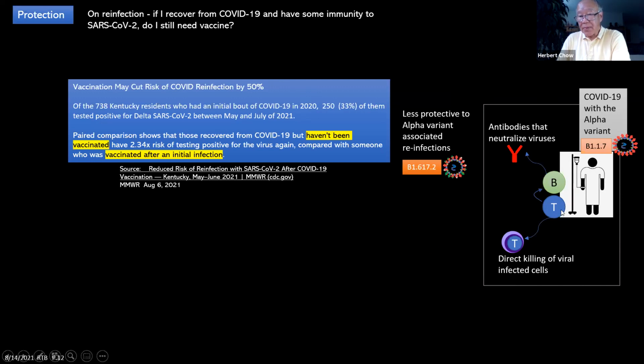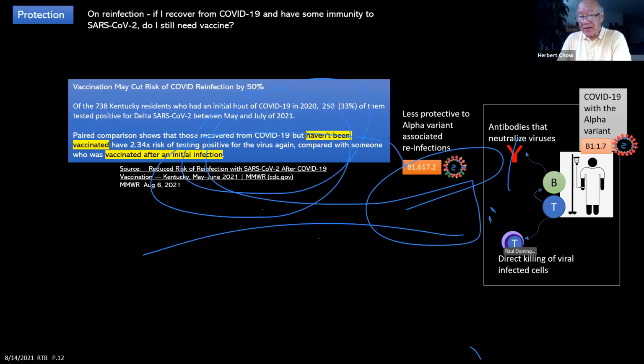We activated in our body T cells, T lymphocytes and B lymphocytes. The B lymphocytes are the ones making antibody. The T lymphocytes are the ones that recognize cells in our body infected with virus, and the T cells will go in and directly kill them.